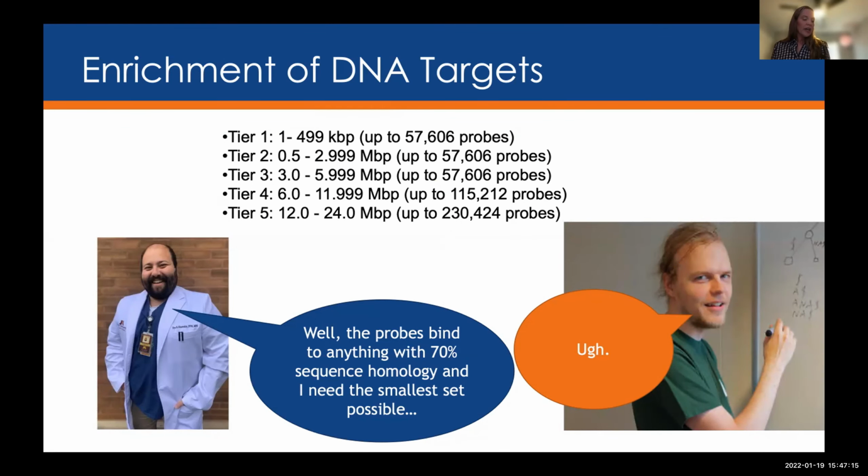Just to highlight the second thing, biologists purchase these probes by tier. On the first tier, you have approximately 57,000 probes, and then it goes up from there. On the last tier, you have a maximum of 230 probes. So you really want to reduce the total set of probes, because that's going to have a direct impact on the cost of the experiment.